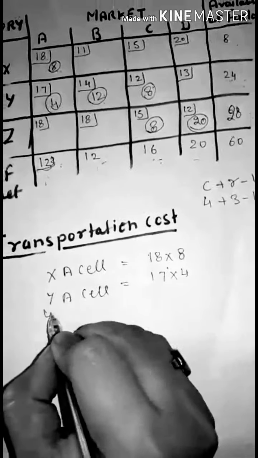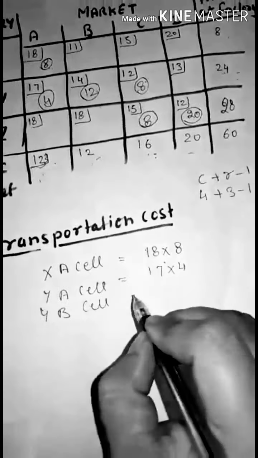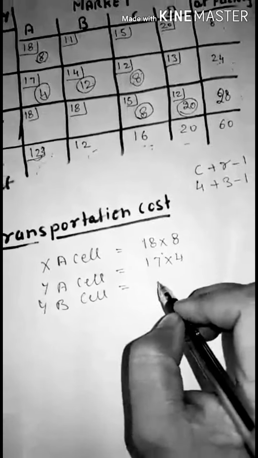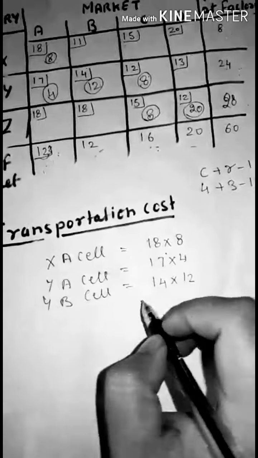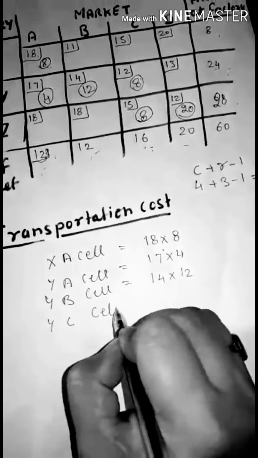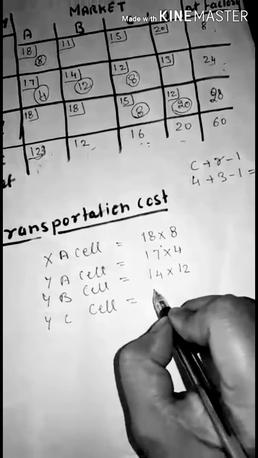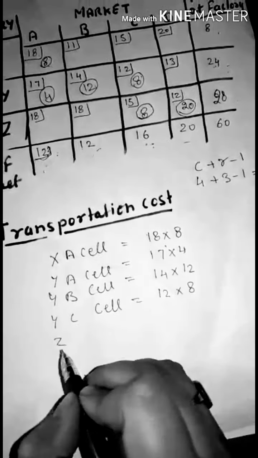In YB cell, transportation cost is equal to 14 multiplied by 12. In YC cell, transportation cost is equal to 12 multiplied by 8.